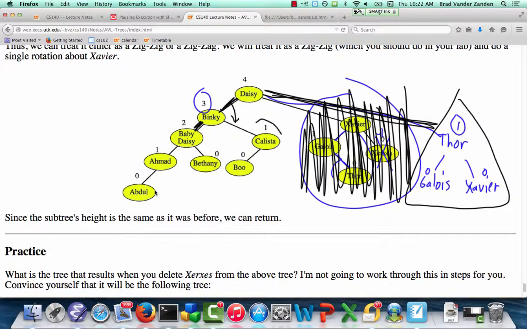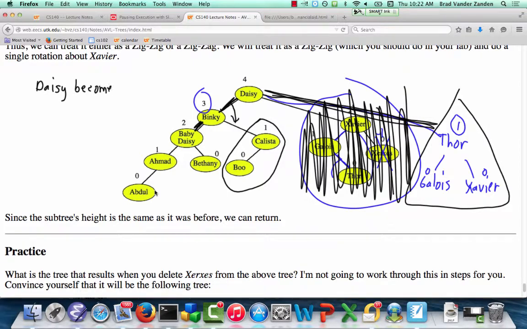She's going to adopt Binky's right subtree as her new left subtree. So if we take all of that into account, the steps, I'm going to write them down so that you can see what happens.